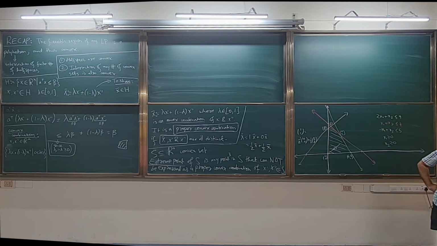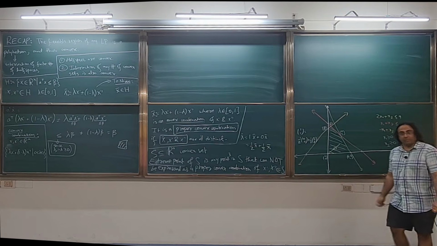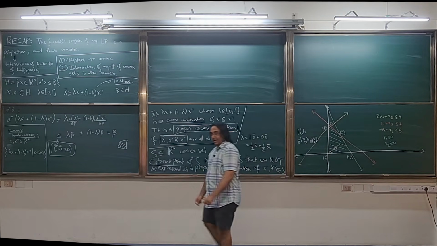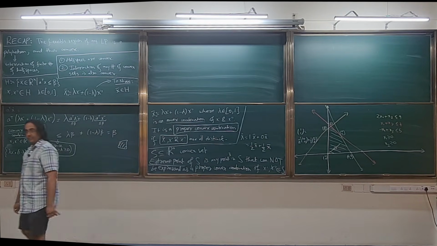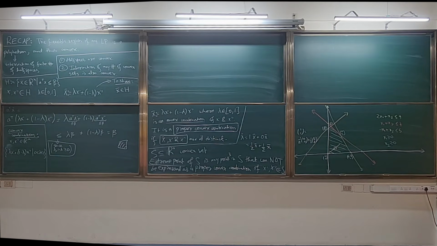In other words, if I give you a big LP and tell you all the extreme points of it, and that the LP has an optimal solution, then you can just go through all the extreme points and evaluate the objective function at each of them. Since I have promised you the LP has an optimal solution, one of those is an optimal solution. You can solve the problem by looking at a finite number of points. You don't need to look at the whole continuous feasible region.